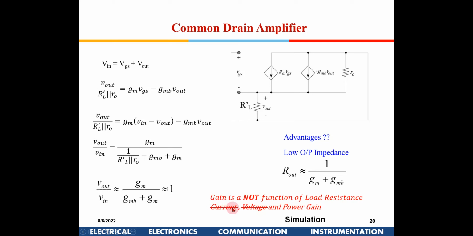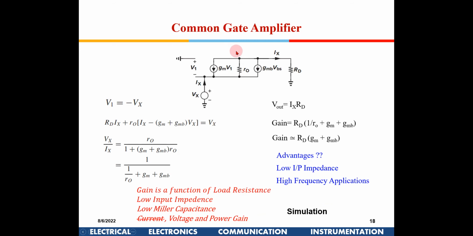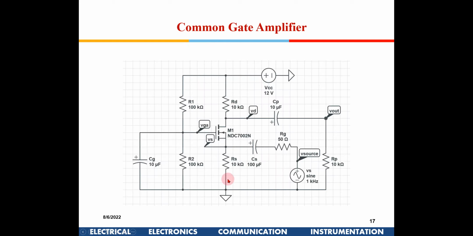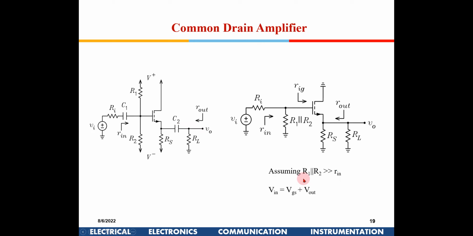Current gain is not there for the CG amplifier. Is there a current gain for the CG amplifier? Because the current which is flowing here will flow here, so there is no current gain in the CG amplifier.